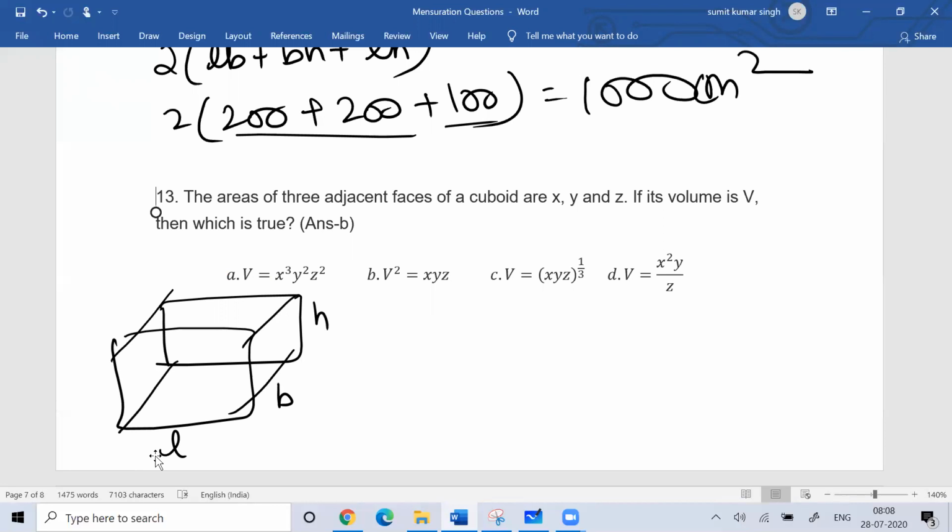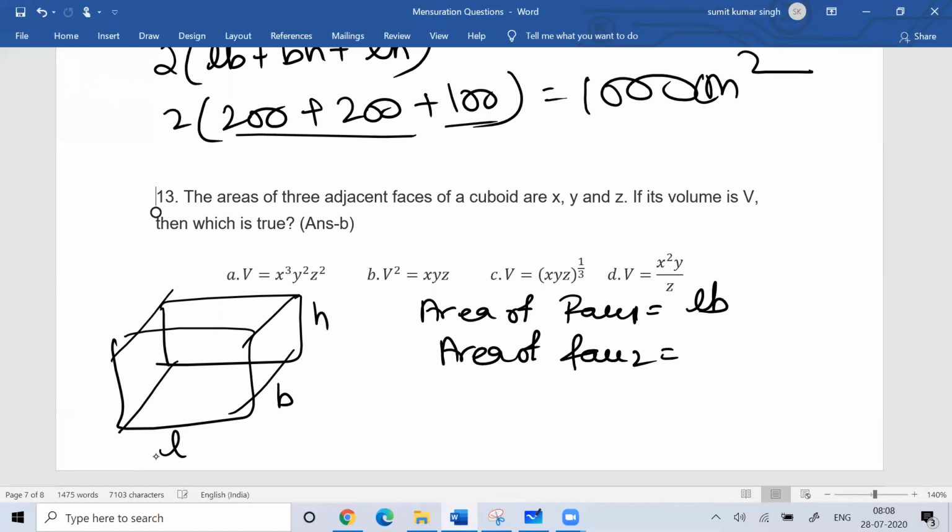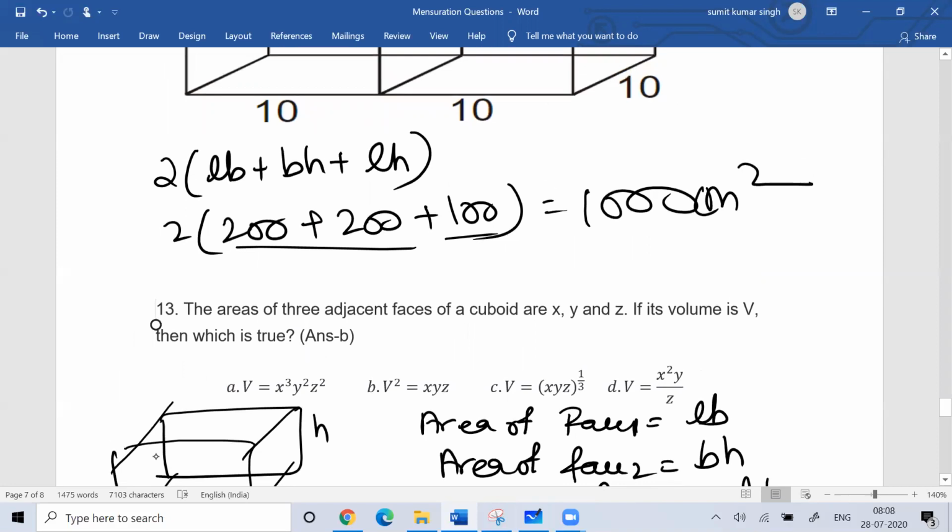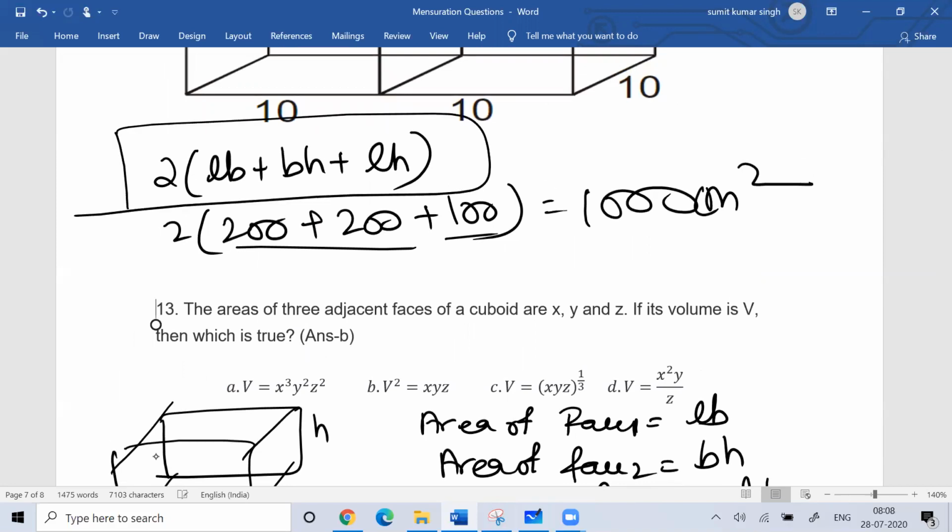The area of face one is L into B. The area of face two is breadth into height. And the area of face three is L into H. So the total is L into B repeated 2 times, B into H repeated 2 times, and L into H repeated 2 times. That's why you get this formula, the total surface area.